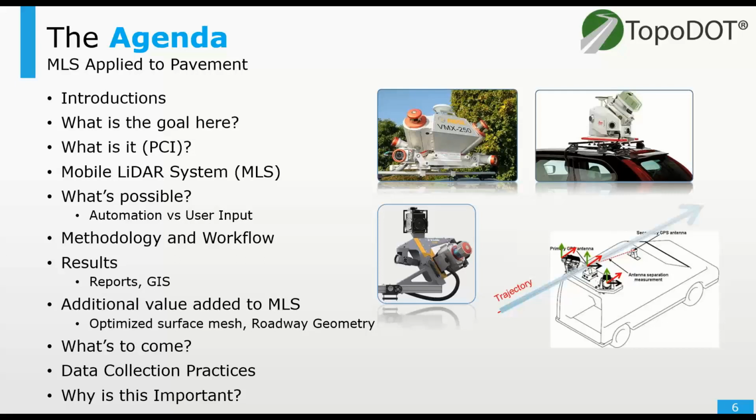What's our approach to the problem, and then what does the workflow actually look like? What are you going to get out of this for results or reporting purposes? And we're going to look at two additional examples as well when it comes to pavement assessment and the like.